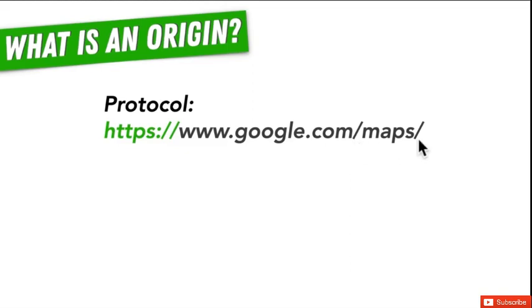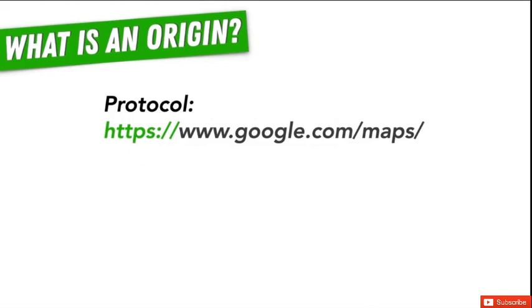And the origin is a combination of three things in what you see here. The first is the protocol, which is the part that says how you're communicating with the server at Google. In this case, using the HTTP secure protocol.